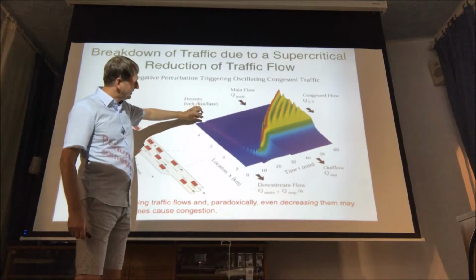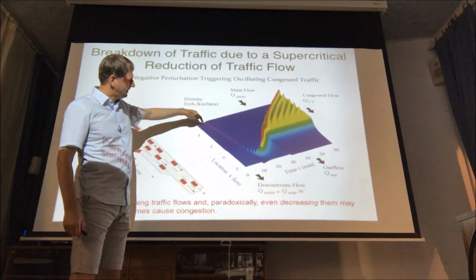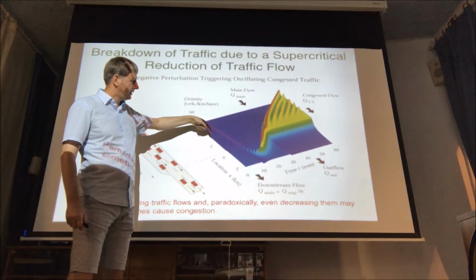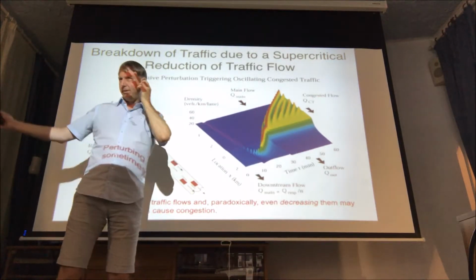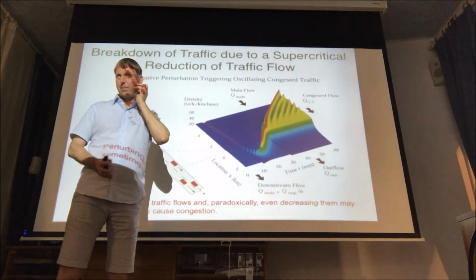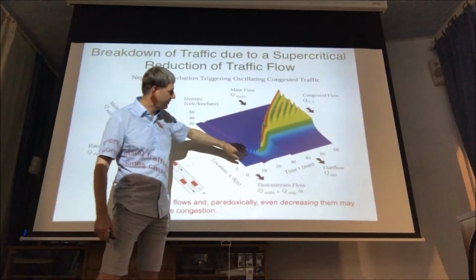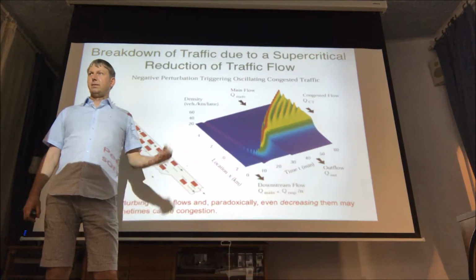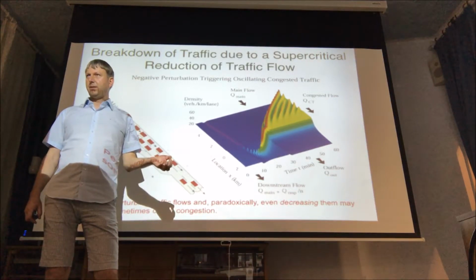So what happens is this reduction of density creates a pattern that moves forward in the beginning with the cars. But eventually it turns around. We call that the boomerang effect. So a traffic jam is formed.